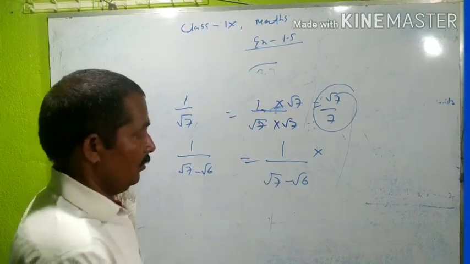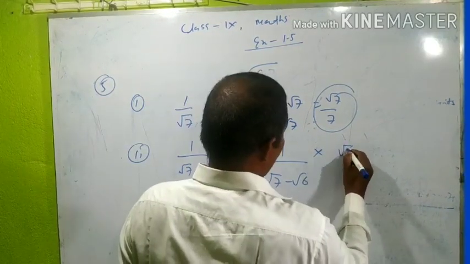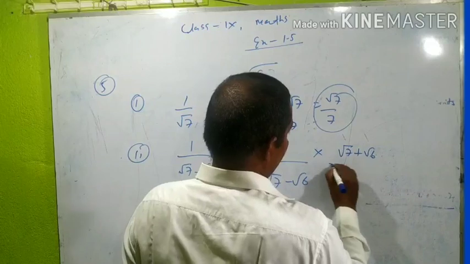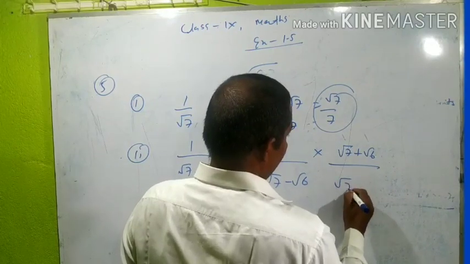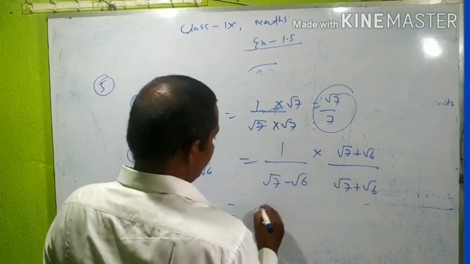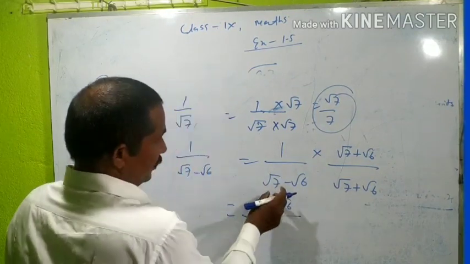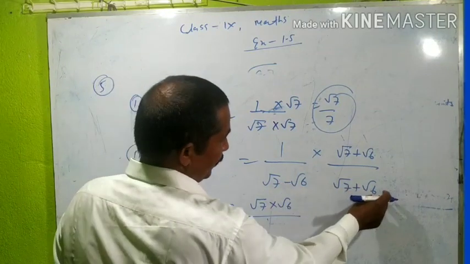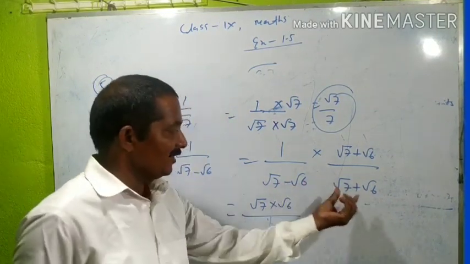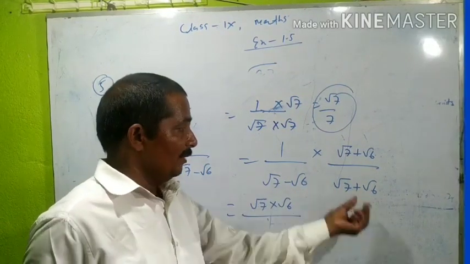Here it is minus, so here will be plus. So 1 by root 7 minus root 6 times root 7 plus root 6 by root 7 plus root 6. Suppose it is a and this is b, it is in the form of a minus b, a plus b.